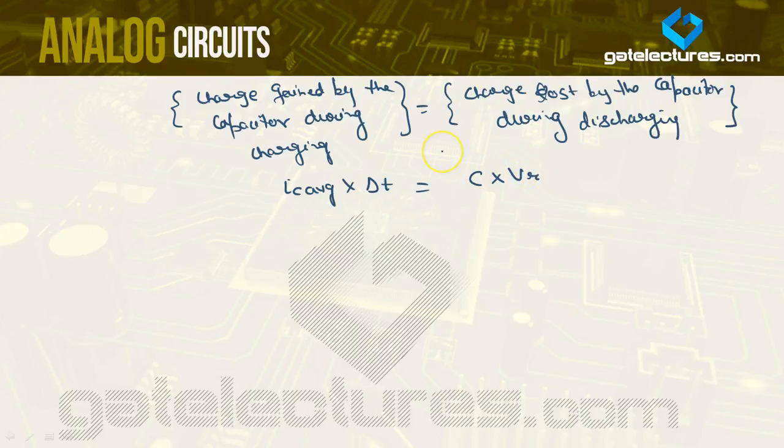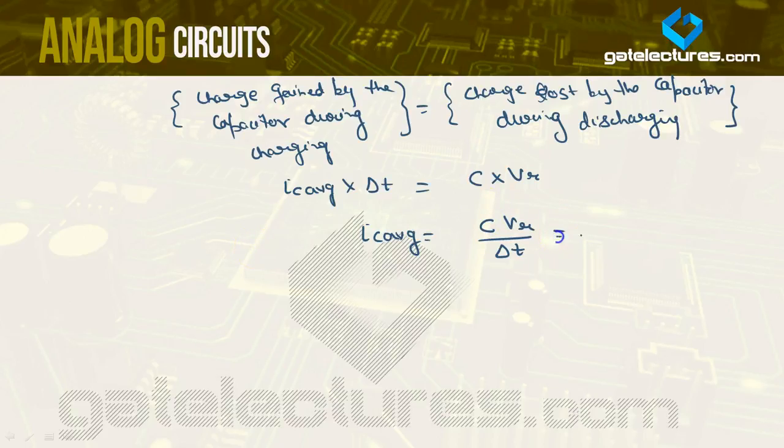VR is the amount of decrease in the output voltage of the capacitor during discharging. So average capacitor current into delta T, the time interval in which it is charging, equals C into VR. So IC average is equal to C into VR upon delta T.